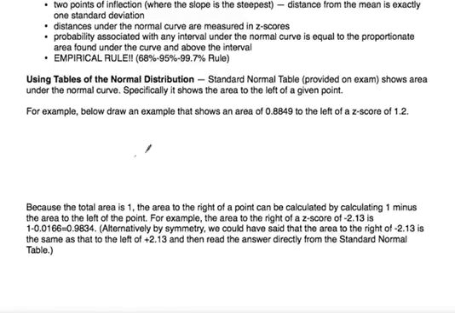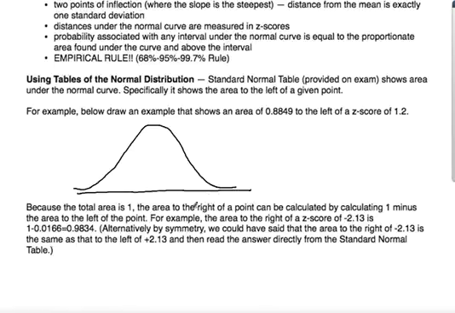For example, draw an example that shows an area of 0.8849 to the left of a z-score of 1.2. So there is your basic curve. A z-score of 1.2 would be here.